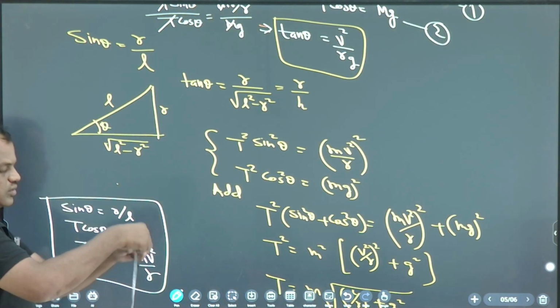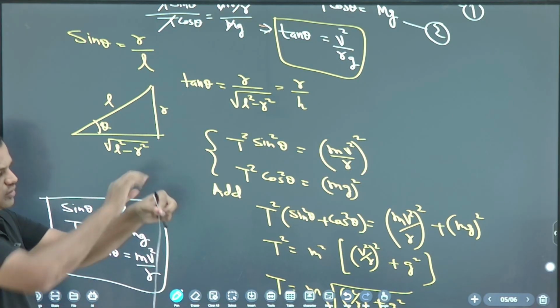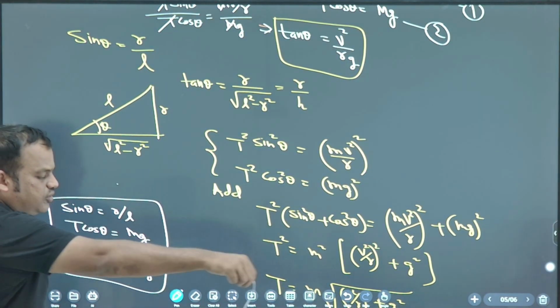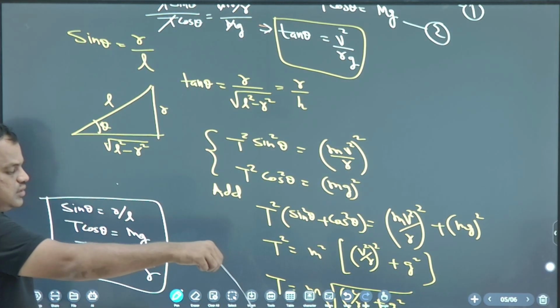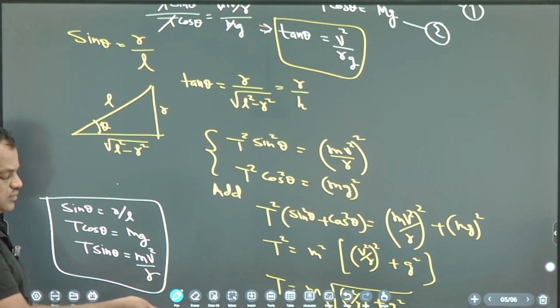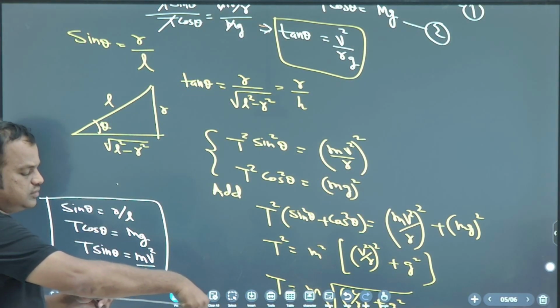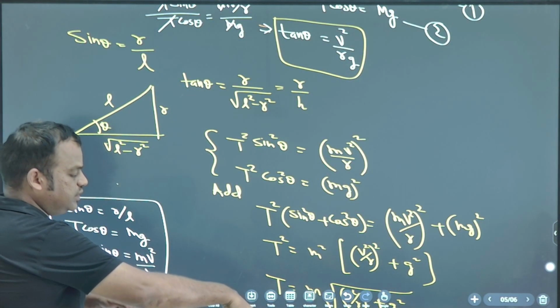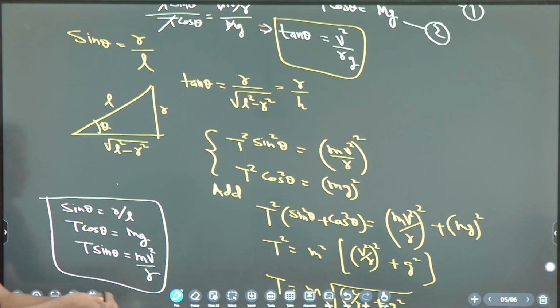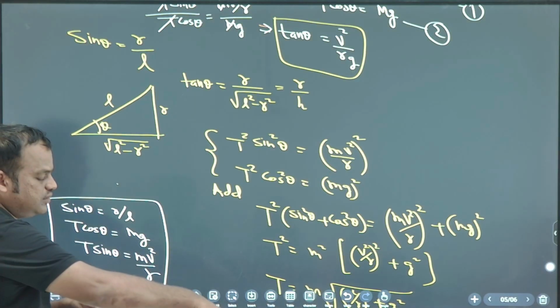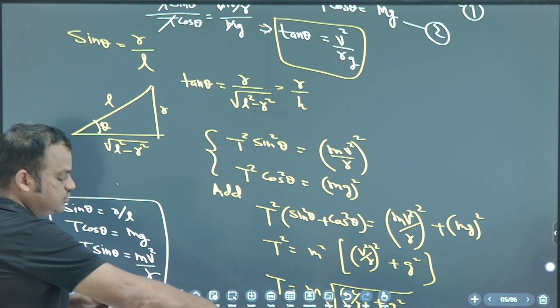Okay, fine. So length is more like this. Now length is less. Understood? Length is less, now radius is also less, a small radius.